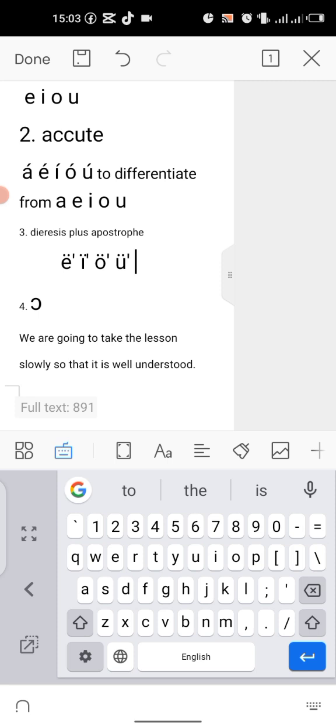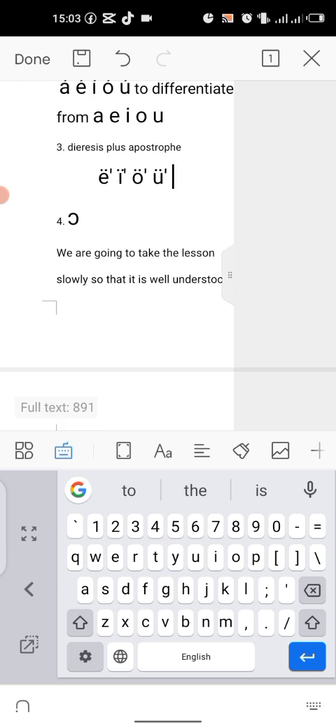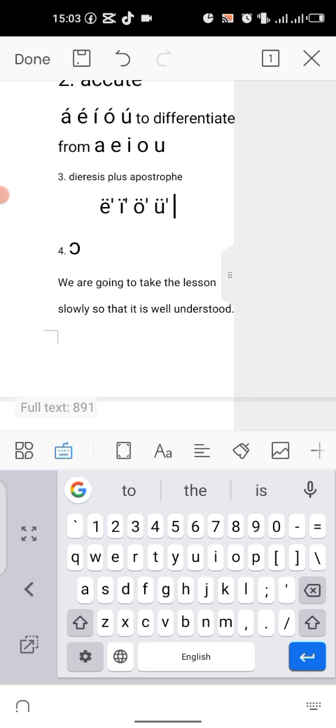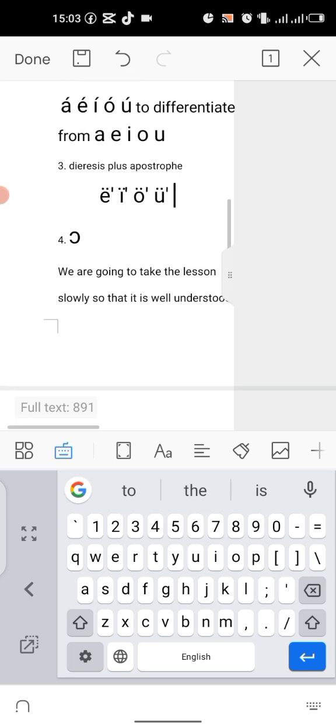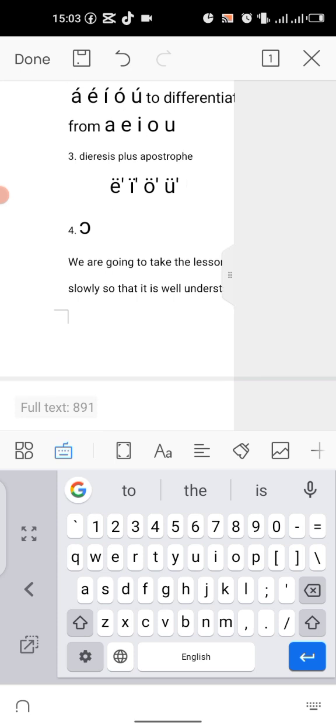We have A, then I, then lastly U. The last one in this presentation, in examples of the vowel sound, is the open O.